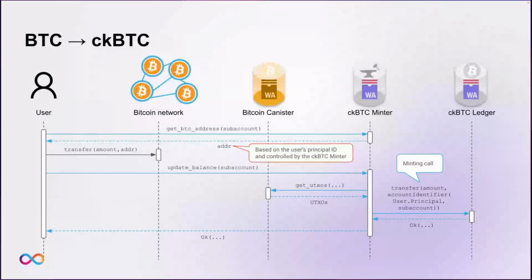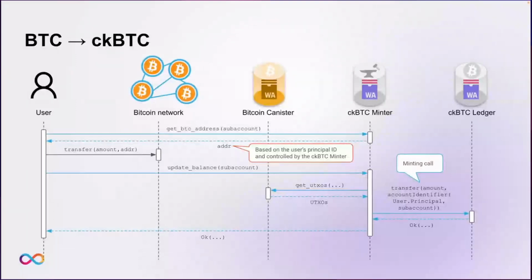To mint ckBTC, you actually need two canisters: the ckBTC minter, which is the canister that is allowed to create new ckBTC on the ckBTC ledger, which is the other canister over here. So we request the address. The address is based on our principal ID and controlled by the ckBTC minter.